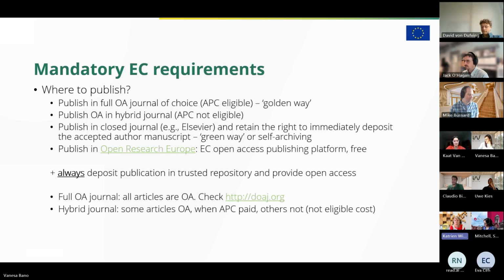This fee is an eligible cost on the project. There are also hybrid journals, that are journals where some articles are open access and others are not. This is not really encouraged by the Commission, so that's why the cost is not eligible. Of course, since this is a lump sum project, it's a bit less relevant.